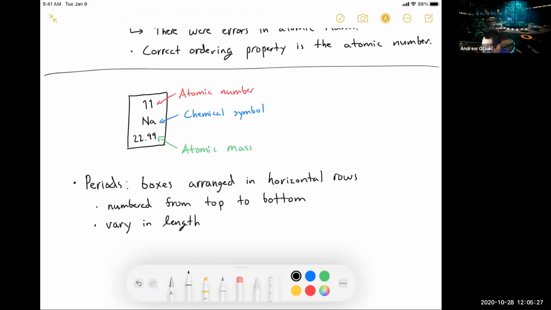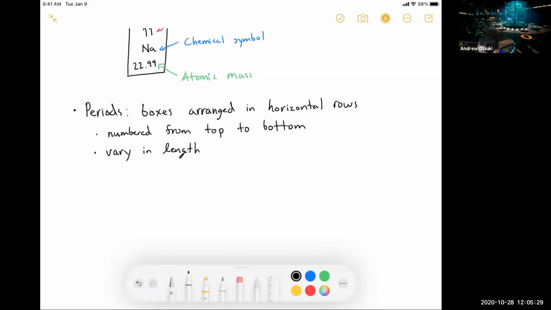Okay, so now let's talk about groups. Groups are also called chemical families, what I was mentioning earlier. They represent a chemical family because they usually have similar properties.